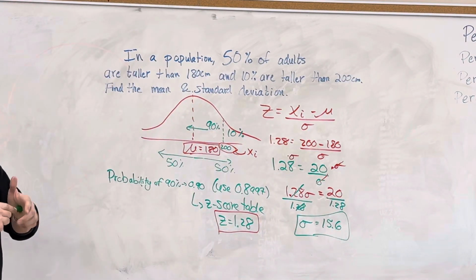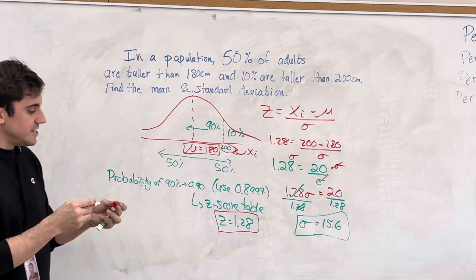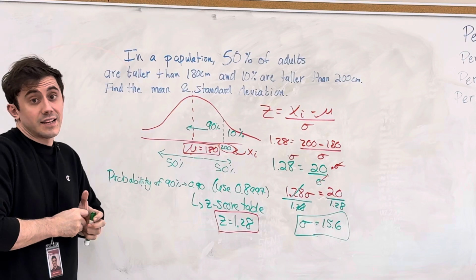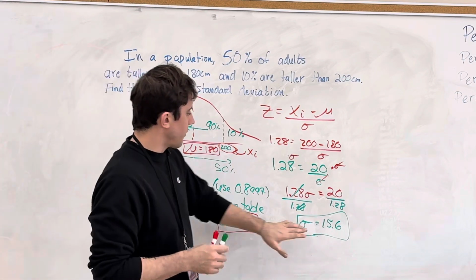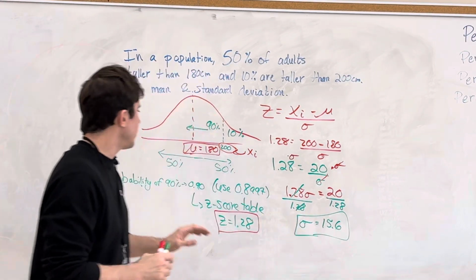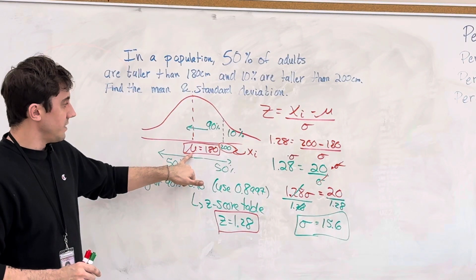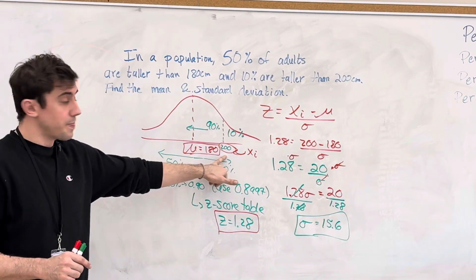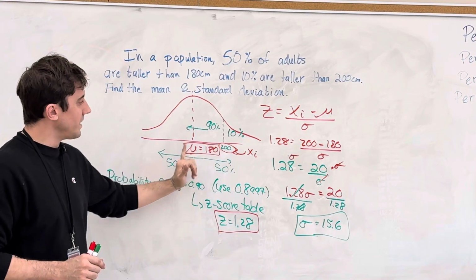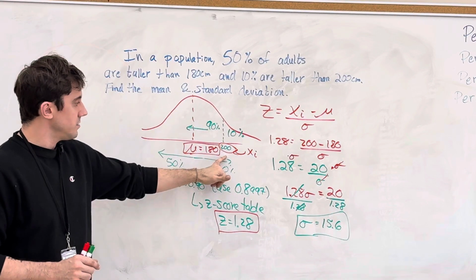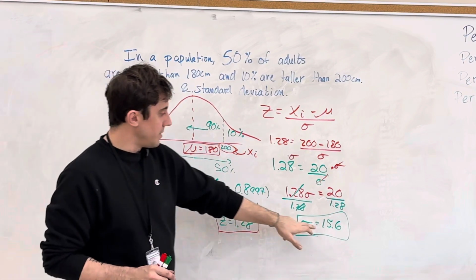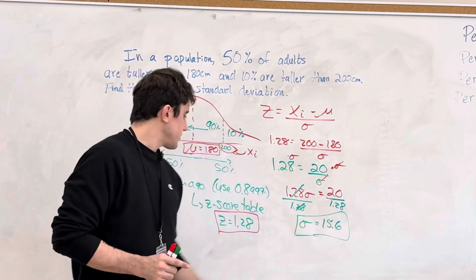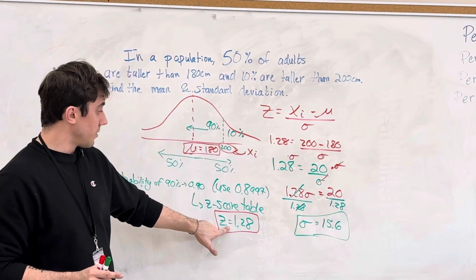And there we go. There's an easy way to verify that this is at least reasonable. If our standard deviation is 15.6, then with the mean of 180 and our data point at 200, 200 is 20 points above the mean. 20 is a bit more than 15.6, so does it make sense that it has a z-score of 1.28?